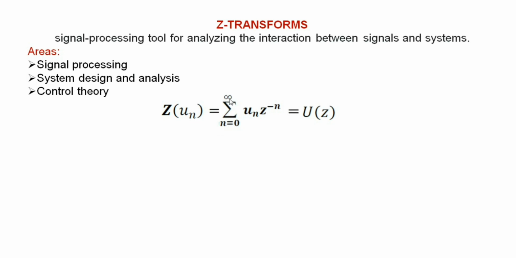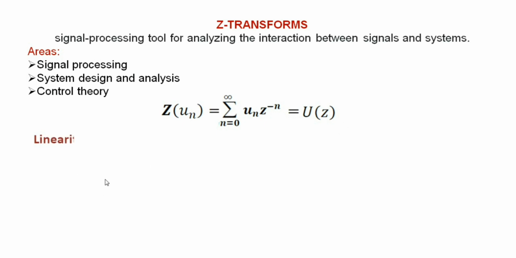Then the Z-transform of sequence u_n is denoted by Z{u_n}, and it is defined as Z{u_n} = sigma n = 0 to infinity u_n z^(-n), that equals U(z).